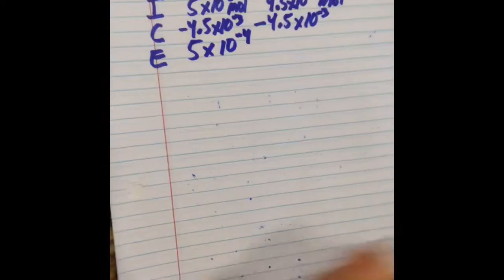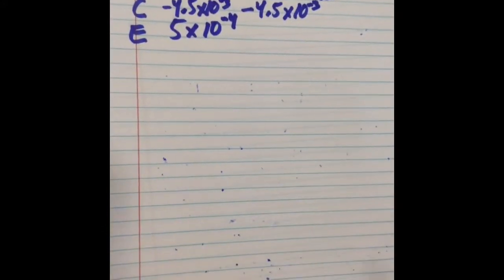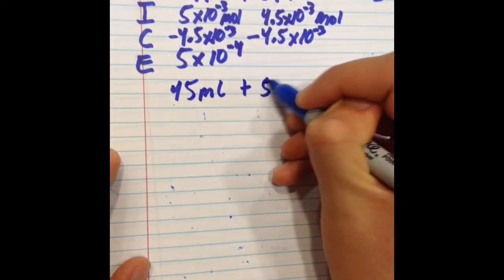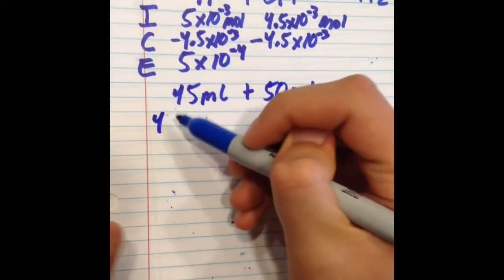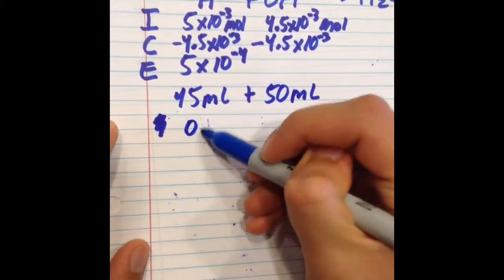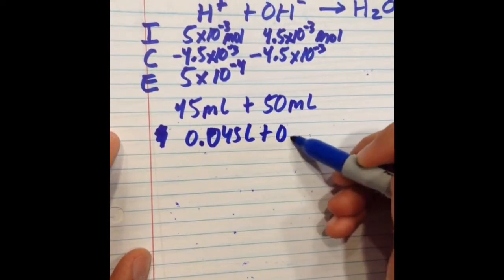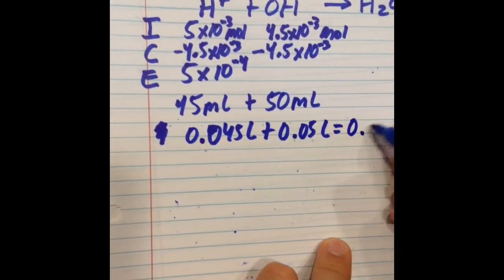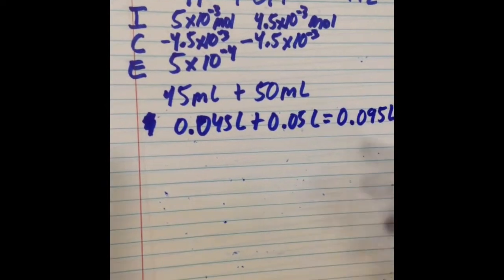After that, we have to figure out the total volume of the solution once all the HCl and the NaOH has been added. So we're going to do 45 milliliters plus 50 milliliters, which we've already converted to liters: 0.045 liters plus 0.05 liters equals 0.095 liters. Now we want to figure out the molarity.